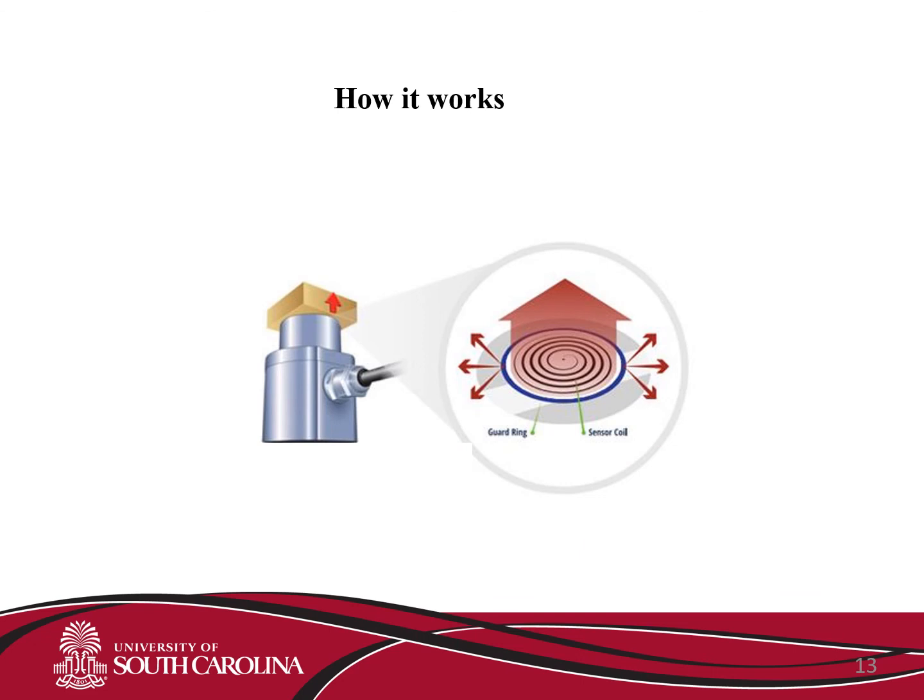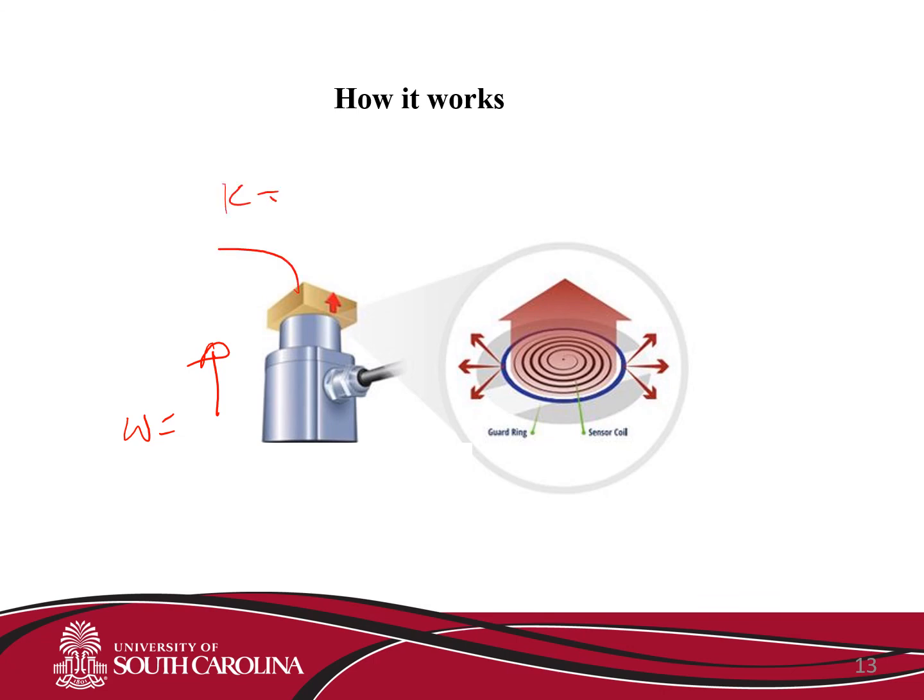And then how it works. So first, current is applied to the sensor. There is a current applied to the sensor spiral heating element. This is the sensor, and then we add the material that we are going to measure.